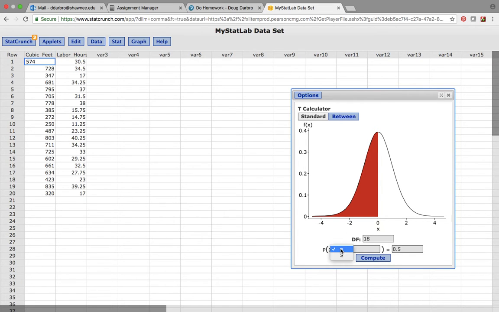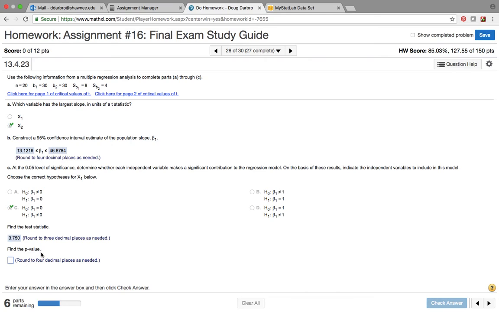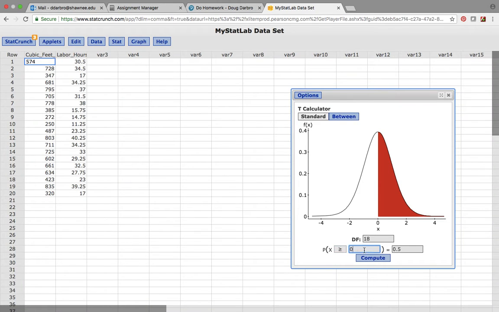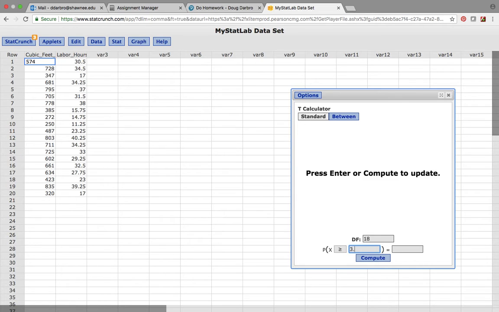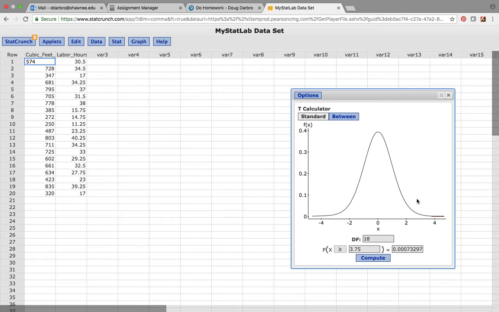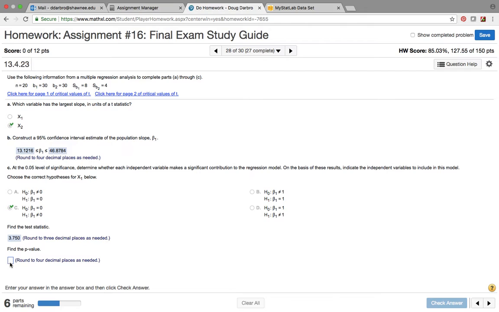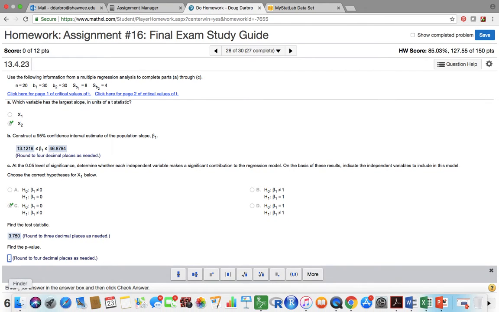And we want greater than 3.75. We'll need to multiply that by 2, so 0.00073. So we get 0.001465.